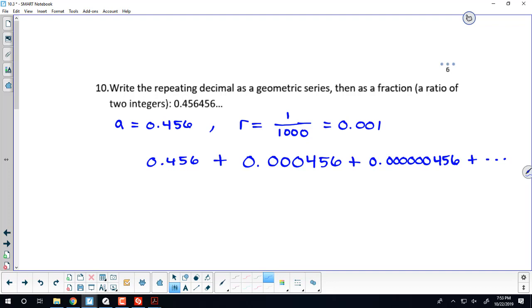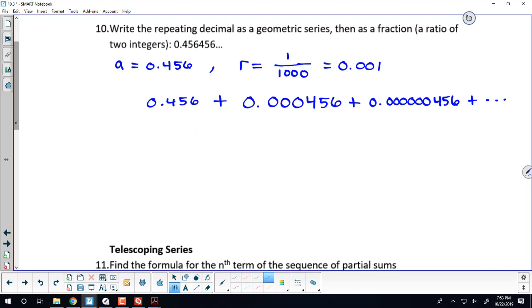So then we want to express 0.456 repeating as a fraction. Here's a geometric series where the absolute value of the ratio is less than 1, so we know it's a convergent geometric series.